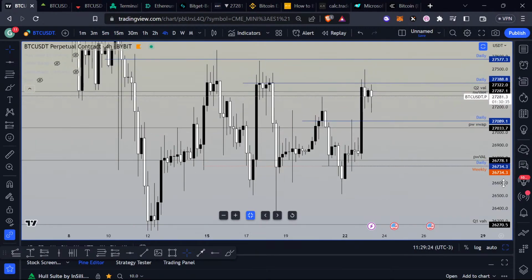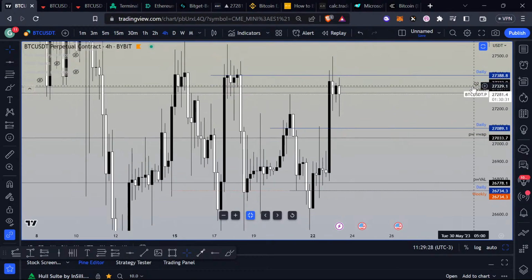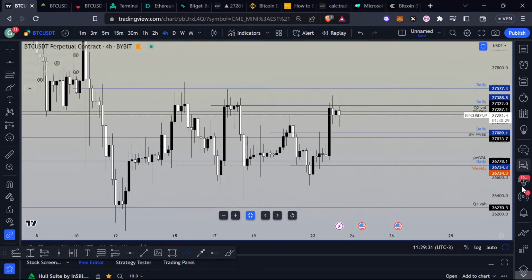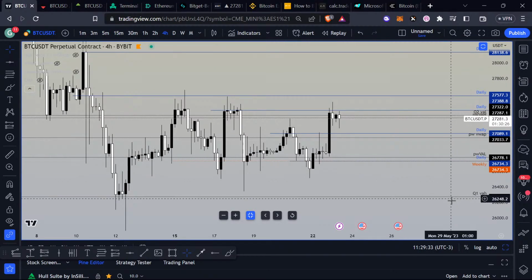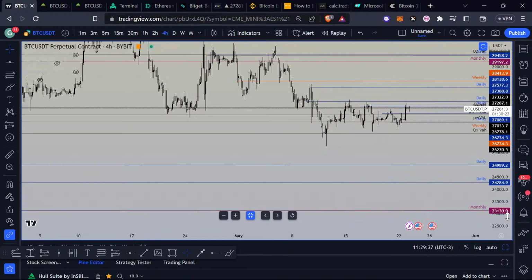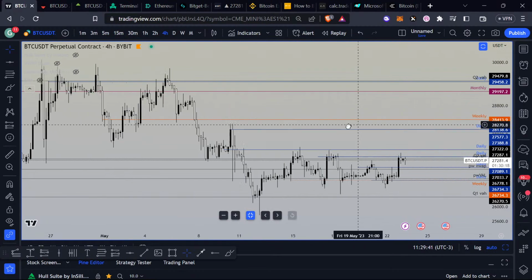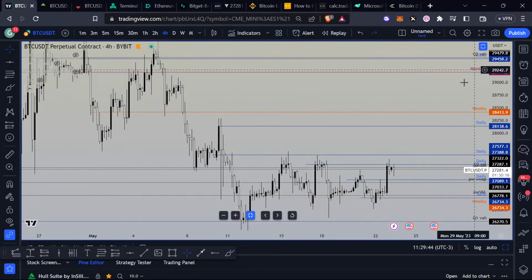For instance, you can see here Q2, which is the current quarter we are in, value area low, Q1 value area high. We have levels below, but they are not super relevant because the market is trading around here. But I was mentioning Q2 value area high will be right here.